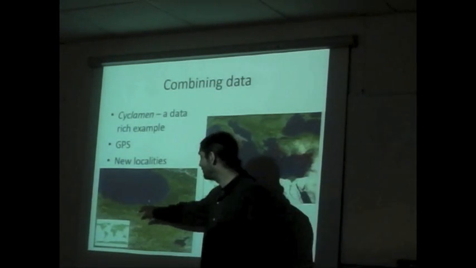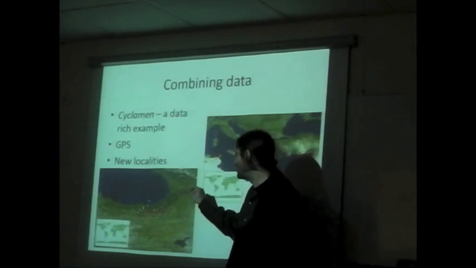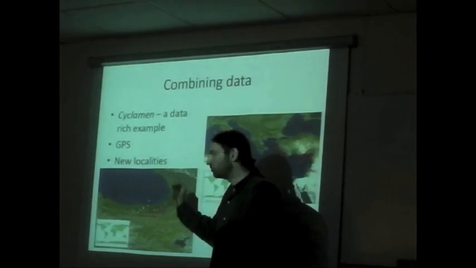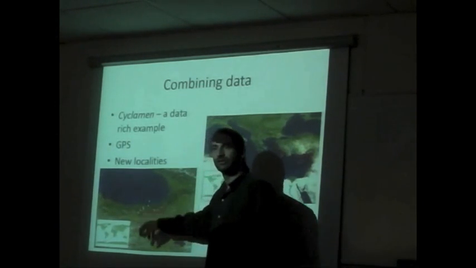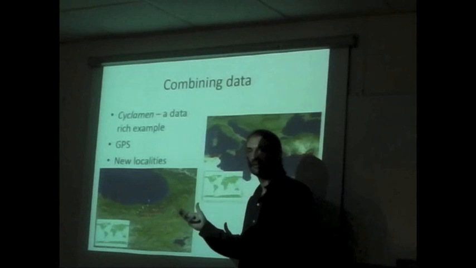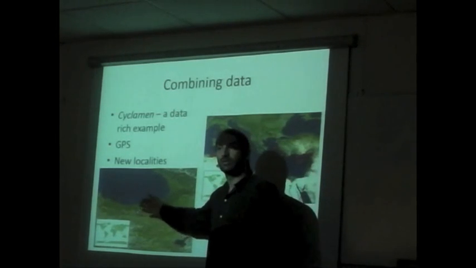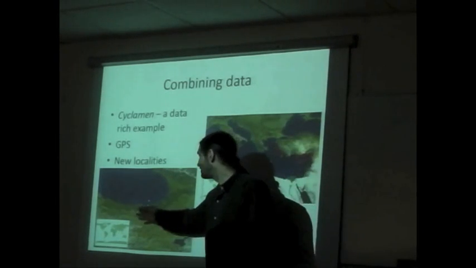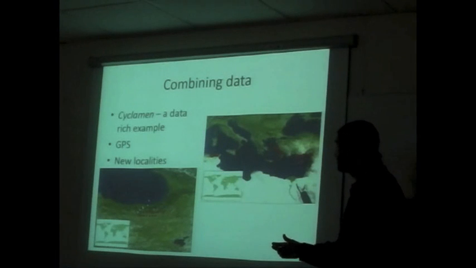Okay? But here we had two different kinds of data. One with an expert opinion, where somebody had essentially estimated where the distribution was and drew a line around a map. And here we have some actual collections. Okay? These are two different data sets with different qualities. Potentially we could use both for niche modelling, okay? But we need to understand that these are different data sets and they have different biases. Okay?